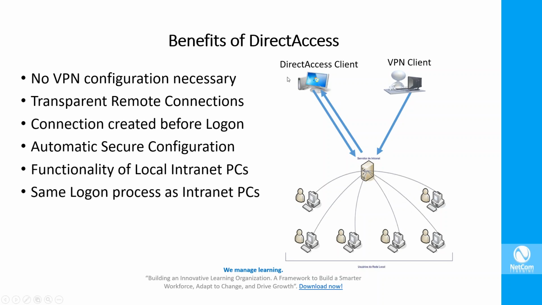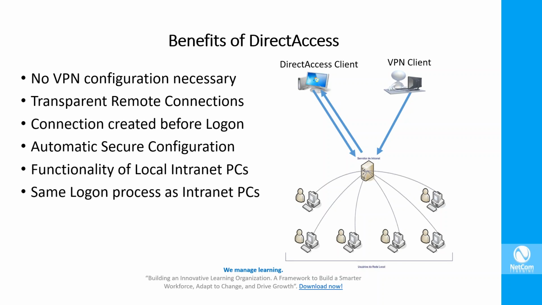All right? Direct access is an improvement on VPN because it allows two-way communication. The computer, even though I might have it from home, even though I might be in a sales location in Timbuktu, once the computer is connected via direct access, it treats the machine as if it's actually a part of the intranet environment.